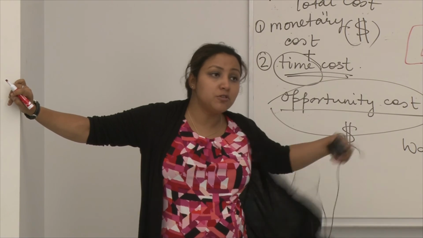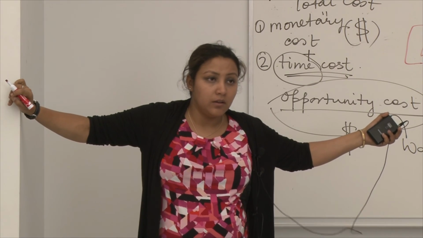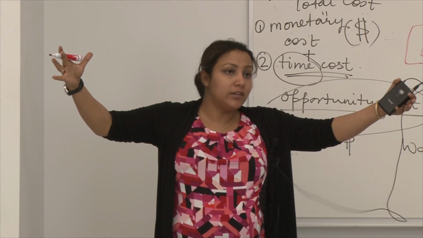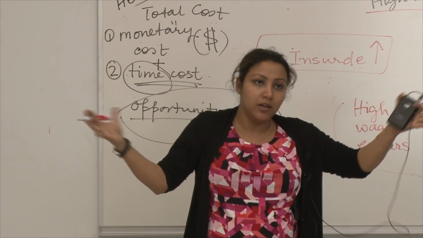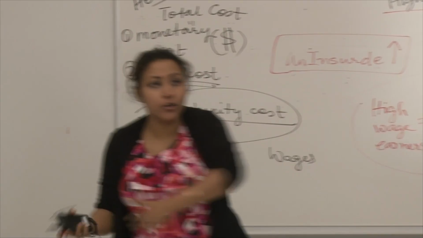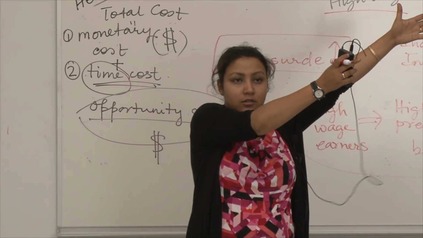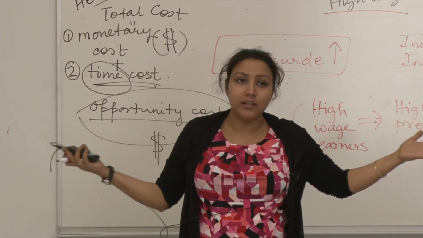Okay? And that is precisely due to this reason, that there was more income inequality. That means you have a kind of polarization of income. You either have low income earners or you have extremely high income earners. There is huge inequality in the pay.